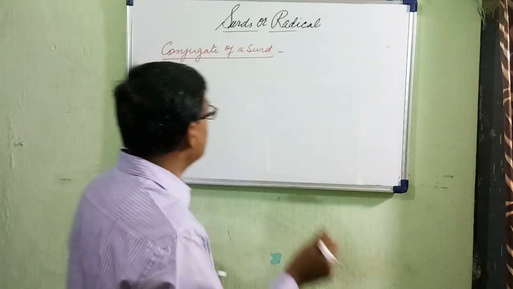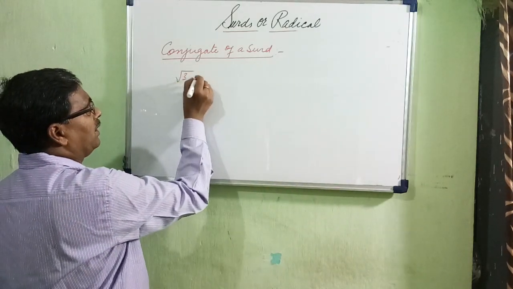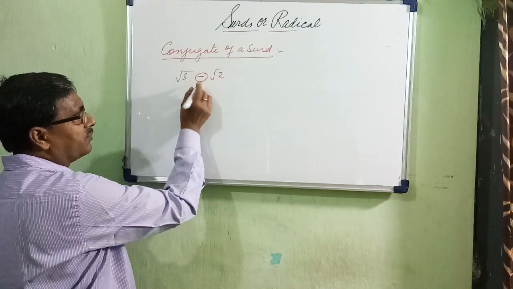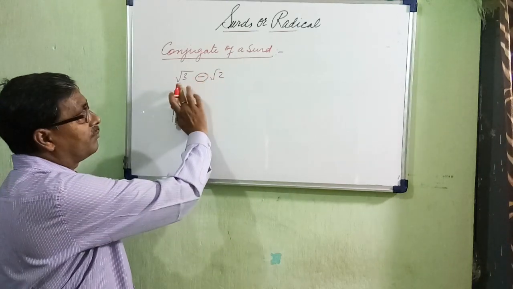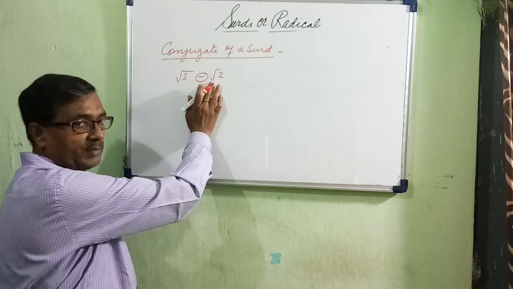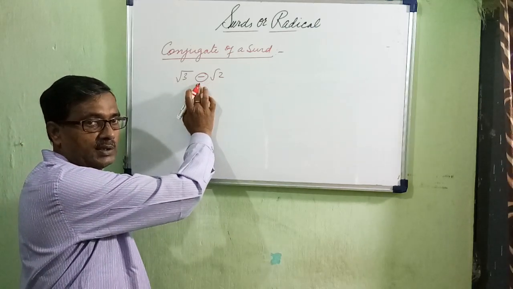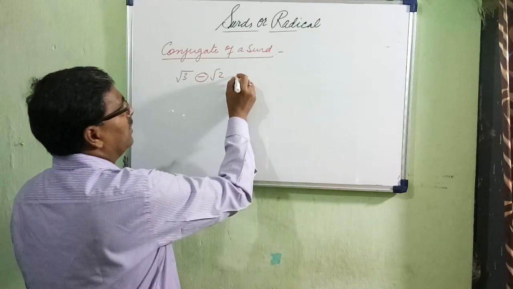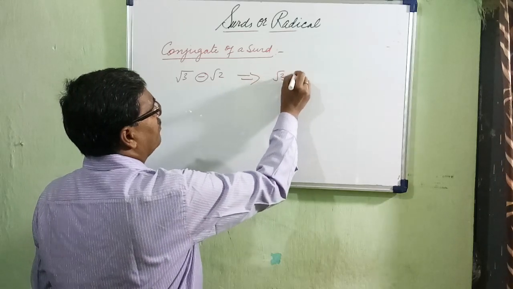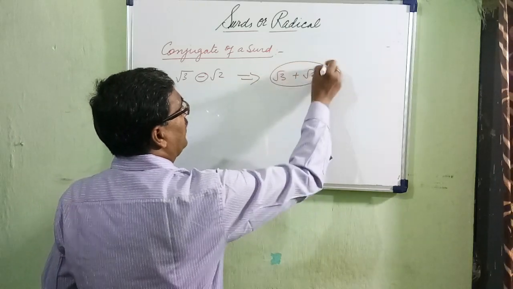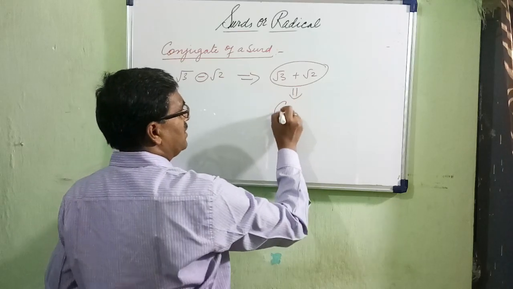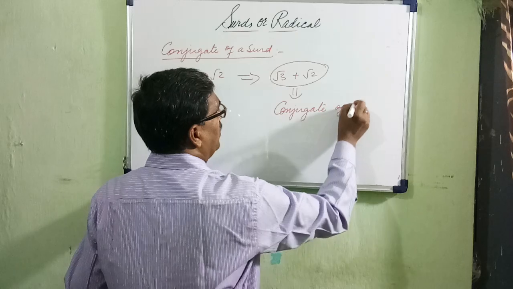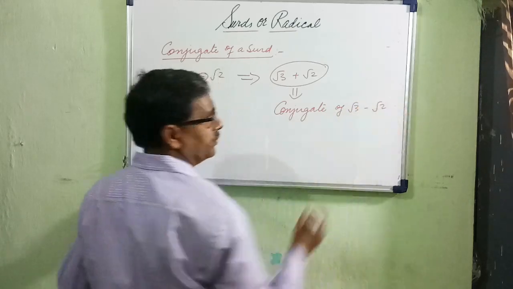So what is conjugate? Suppose you have root 3 minus root 2. The negative of the sign between the two numbers is called the conjugate surd. What is the negative of this negative? Positive. So root 3 plus root 2. This is what we call the conjugate of root 3 minus root 2.